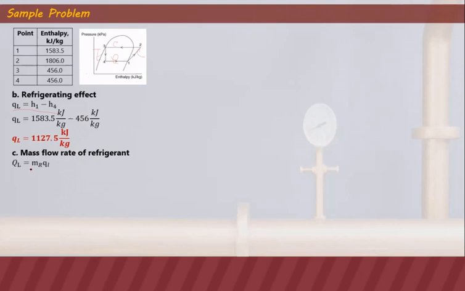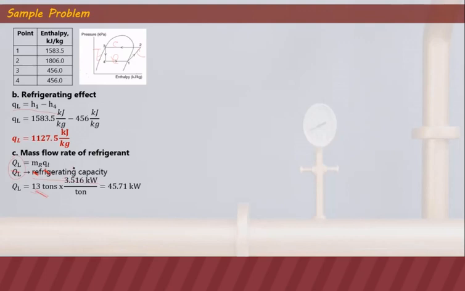From our formula, our Q_L is equal to the mass flow rate of the refrigerant times the small q_L, or the refrigerating effect. So for Q_L, this is the refrigerating capacity, and this is given as 13 tons.